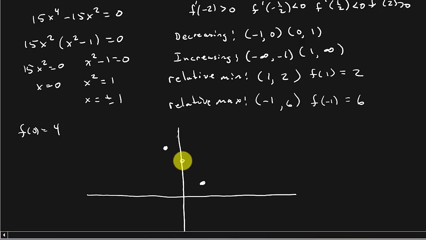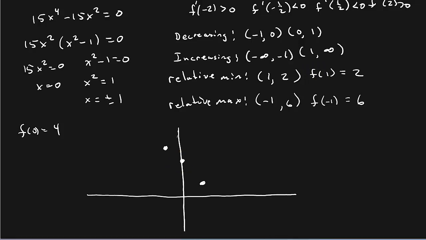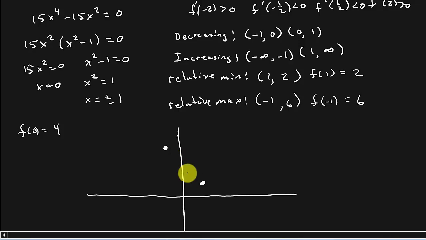So that would be maybe about right in there. Well, I guess it would be exactly halfway in between those two, wouldn't it? So let's see. Here I've got the point -1, 6. Here I've got the point 1, 2. And here I've got the point 0, 4.